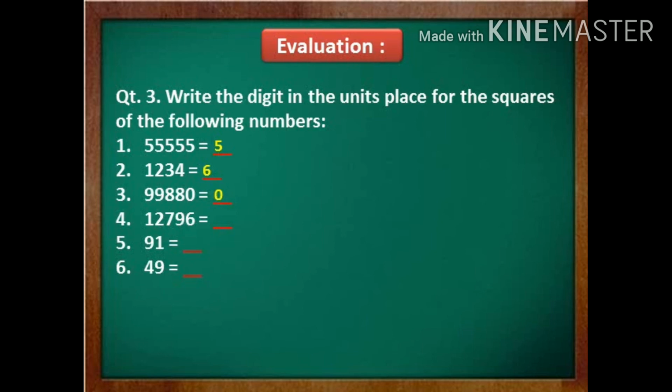Example 4, the number ends with 6, so its square will also end in 6. Example 5, 1 is in the units place, so its square will also end with 1. Example 6, 9 is in the units place, hence its square will end with 1.